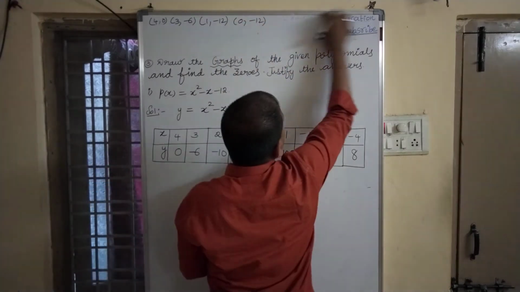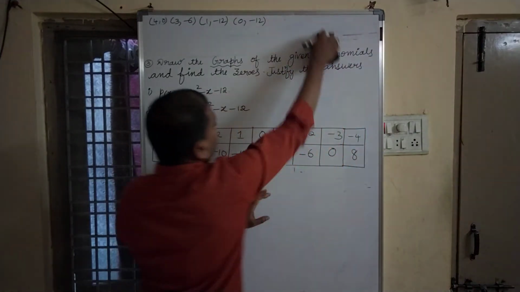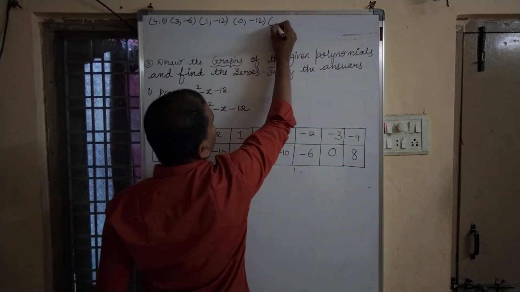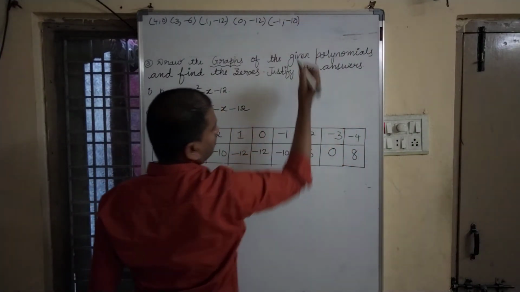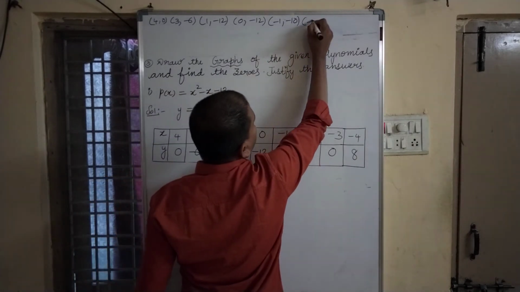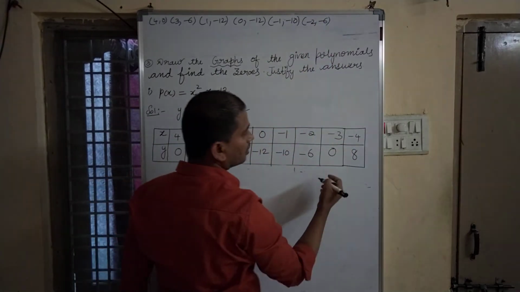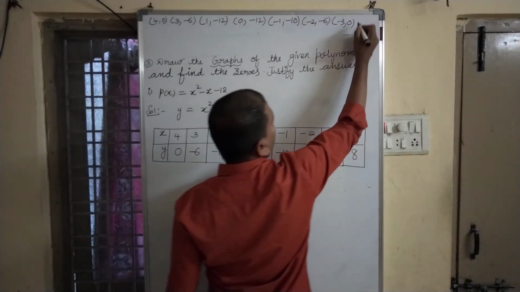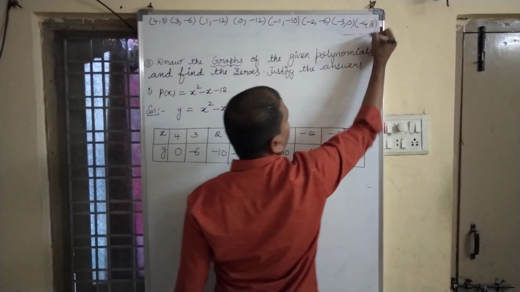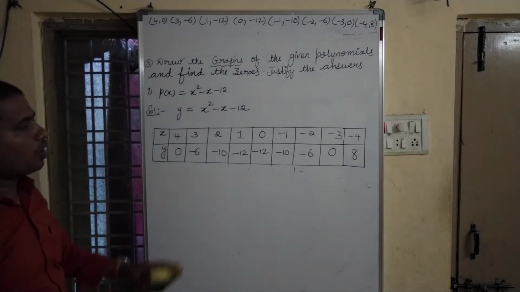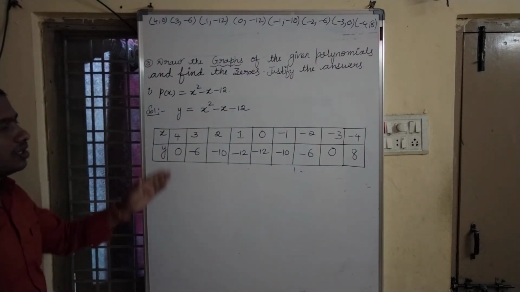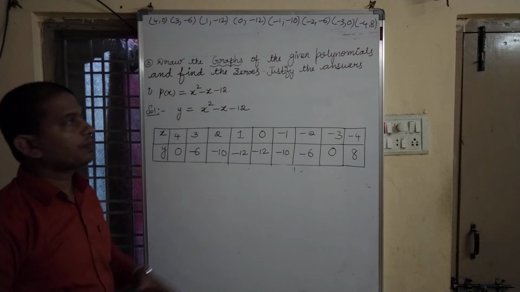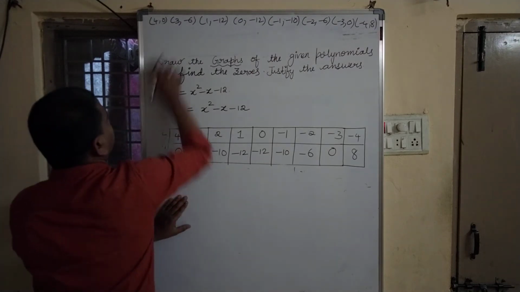Fifth one is minus 1, minus 10. Minus 2, minus 6. Minus 3, 0. And then minus 4, 8. These are the coordinate points. Let us represent these coordinate points on a graph paper. Let me rub it.